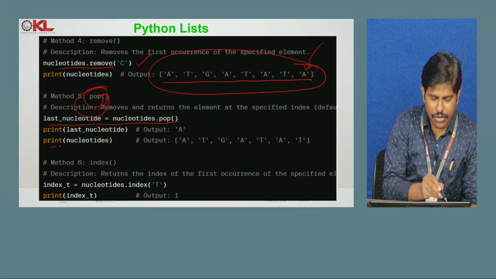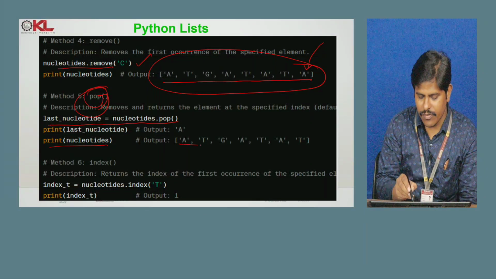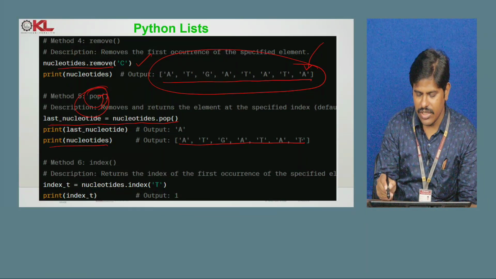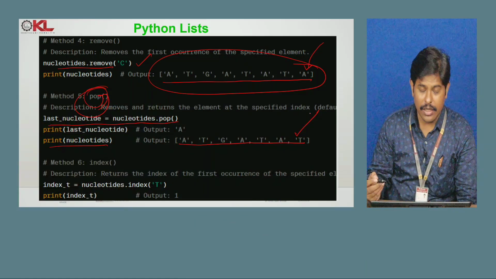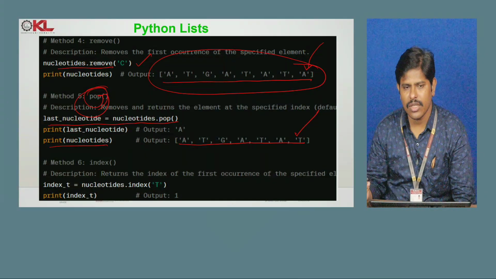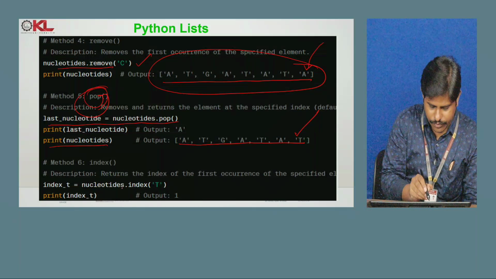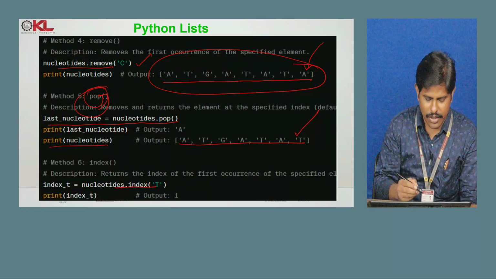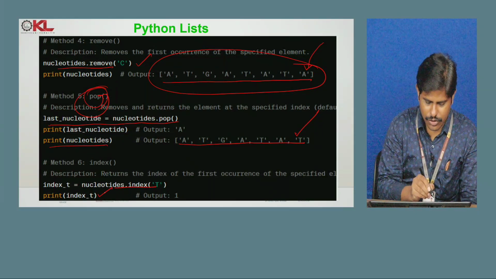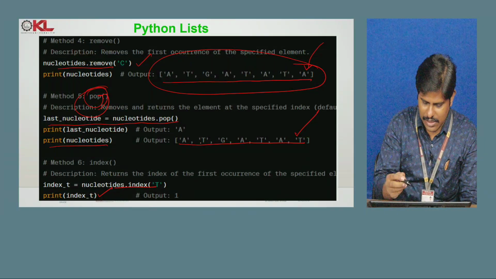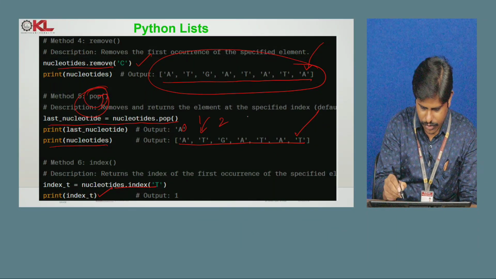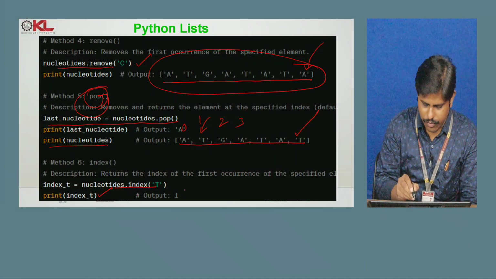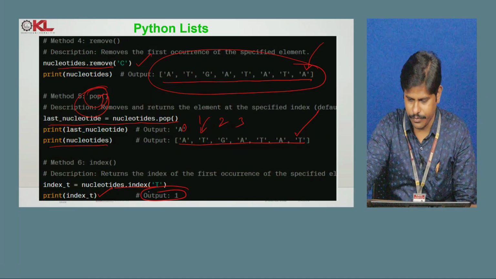And when I say print nucleotides, the current list will become A T G A T. So the last element is popped out here. And to know the position of a specific nucleotide, I can use nucleotides dot index. So print index. My T is present at the first position: 0, 1, 2, 3. So output is 1.